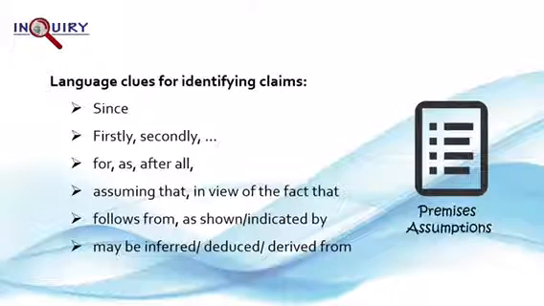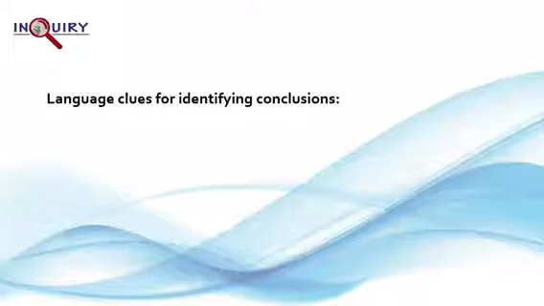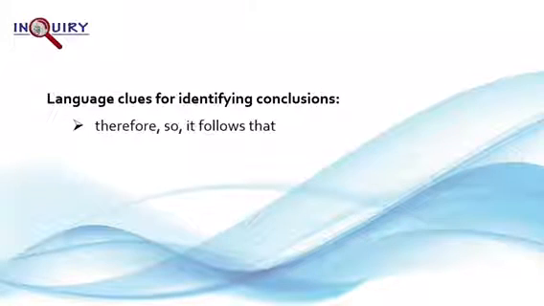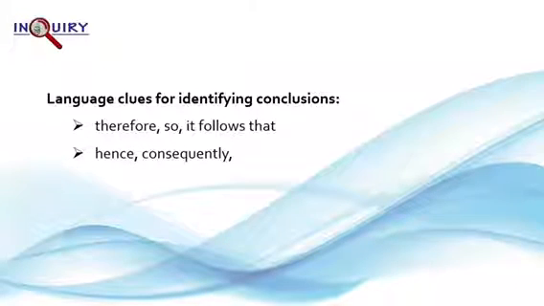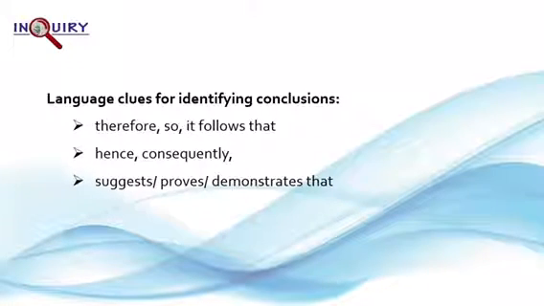Also, therefore, so, it follows that, to mention some sort of results after mentioning some causes previously. Hence, consequently, can also be used to give results. Verbs like suggests, proves, demonstrates can also be used in argumentative compositions.